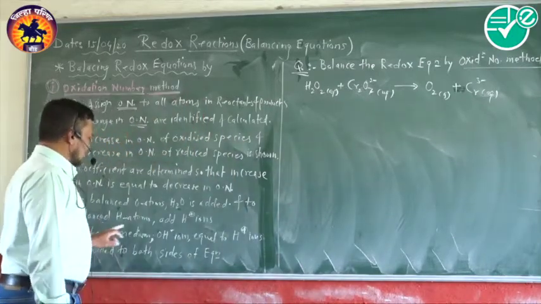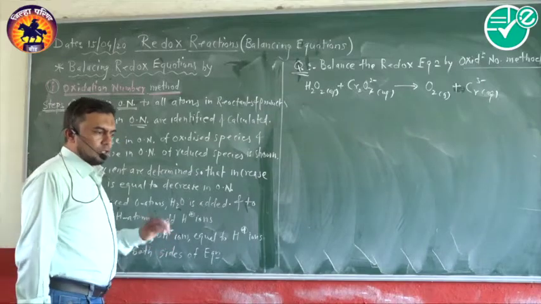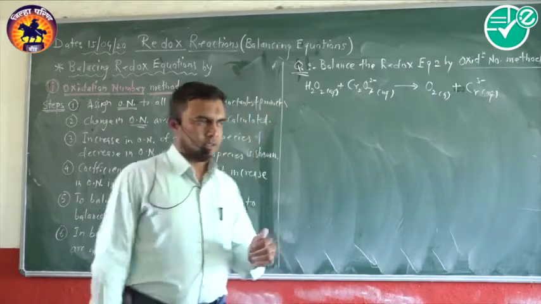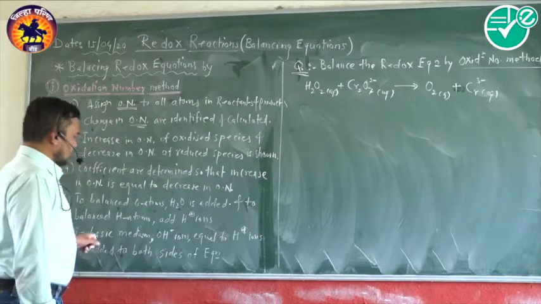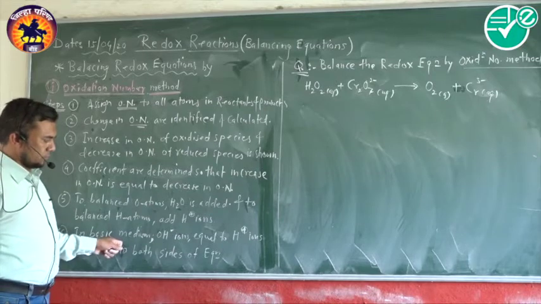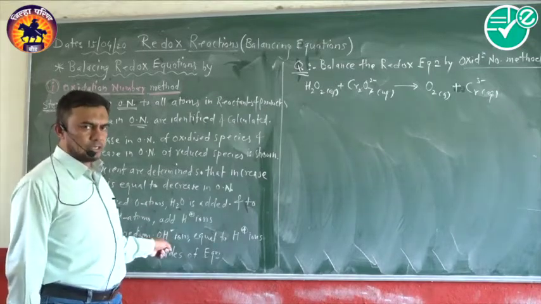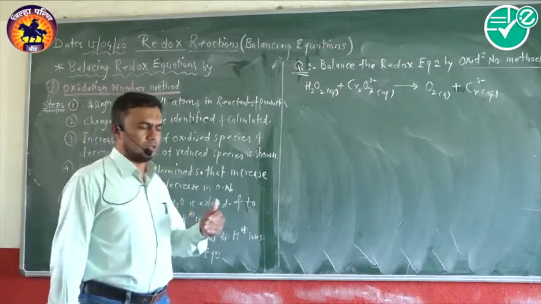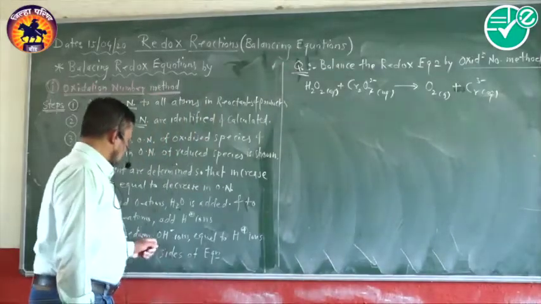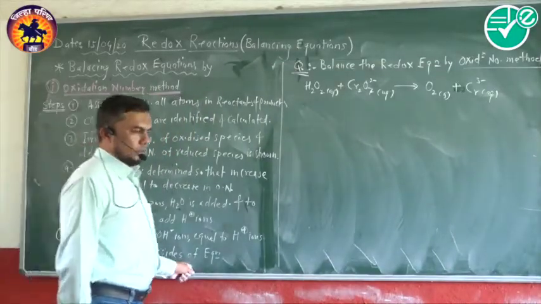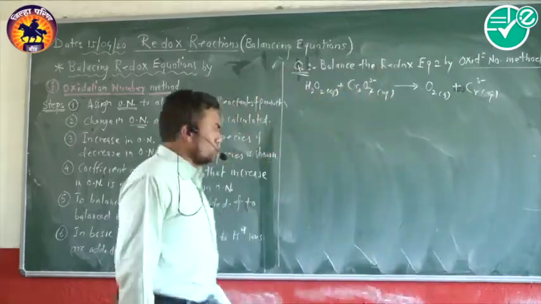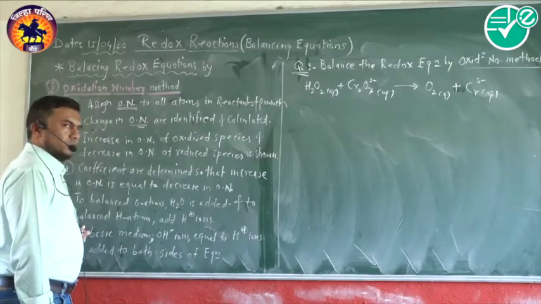Then we balance the hydrogen atoms with H plus ions on the side where the hydrogen atoms are fewer. Later, if the reaction takes place in basic medium, we add OH minus ions equal to the number of H plus ions in the chemical equation and balance both sides with OH minus ions. In acidic medium, we adopt the first five steps.